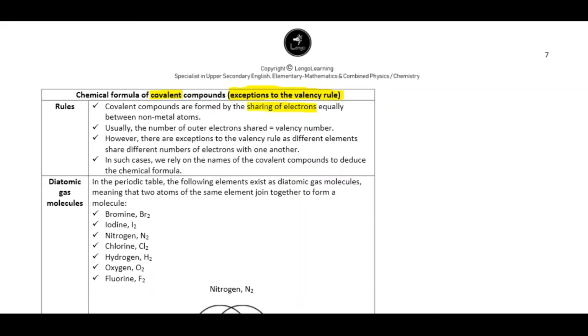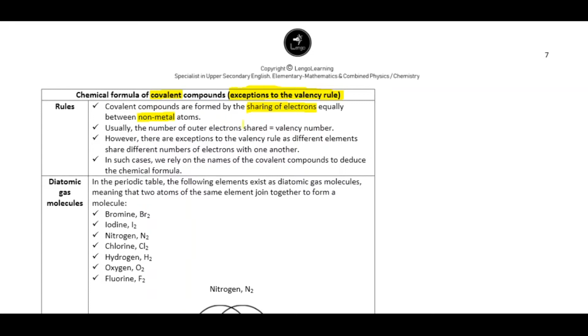And in ionic compounds, just now we learned that they usually consist of a metal and a non-metal. However, the opposite is true for covalent compounds. Covalent compounds are formed only between non-metals.